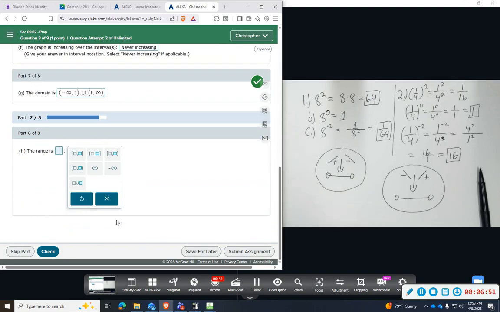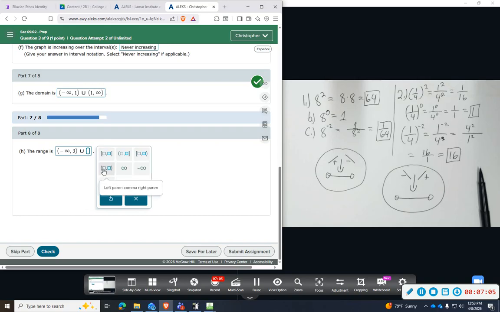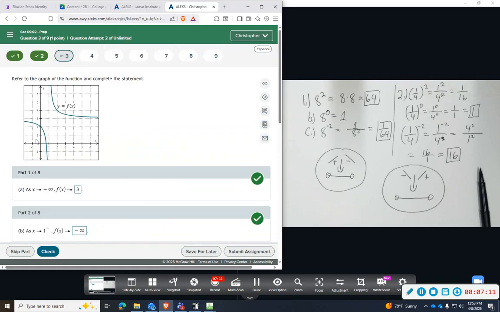So our range is going from the bottom to top. You always start lowest to highest. The bottom, lowest number, negative infinity, off the screen goes up to a height of 3. And then from 3 to positive infinity, because it goes all the way up.